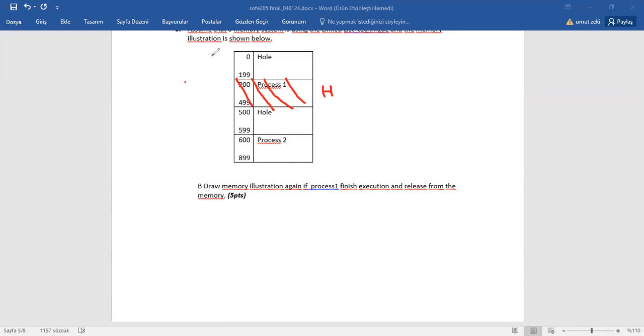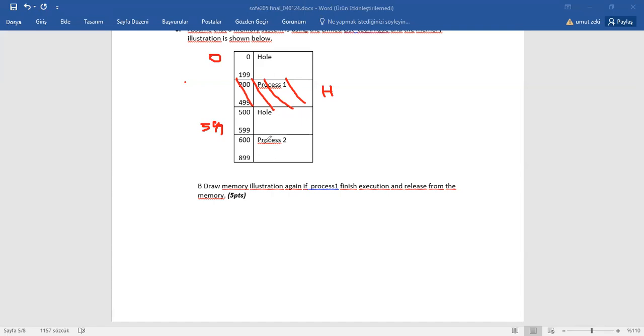So from 0 to 599, it will be a big hole here. For processes, we are not doing like that because processes are different. Each process is different. Do not confuse that.